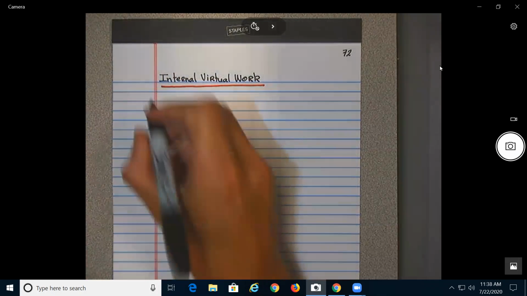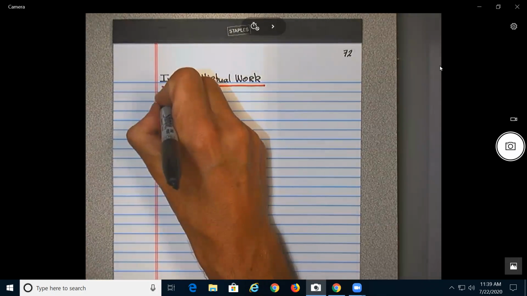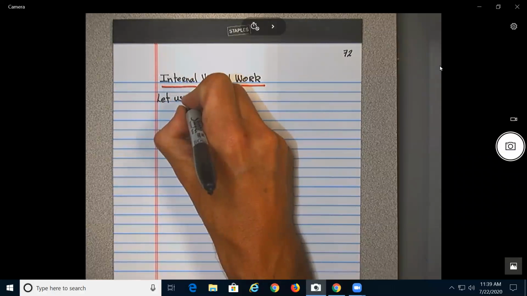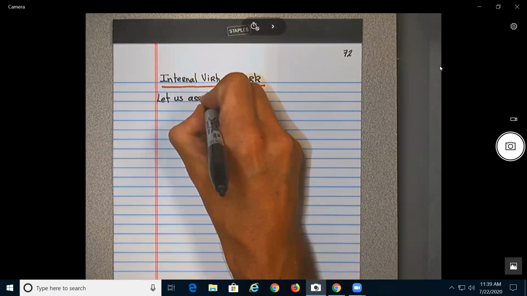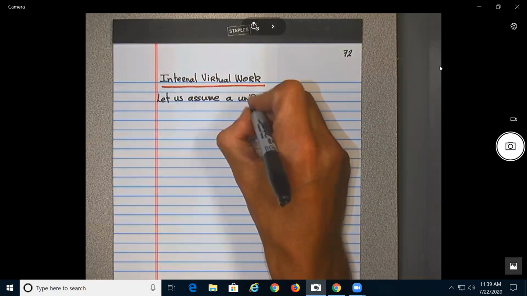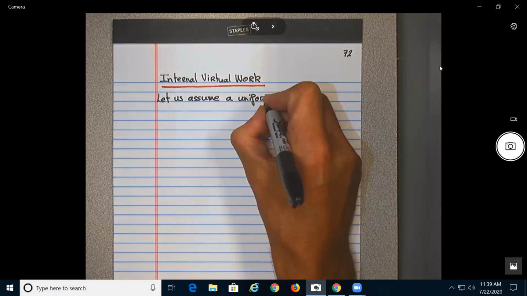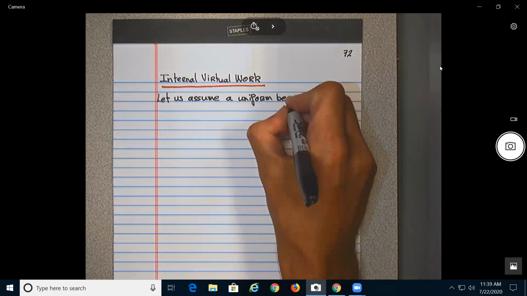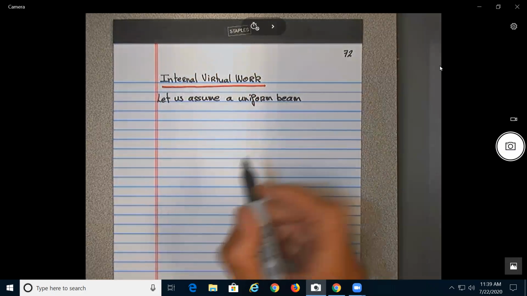Okay, so over here, just write down, let us assume a uniform beam, okay?